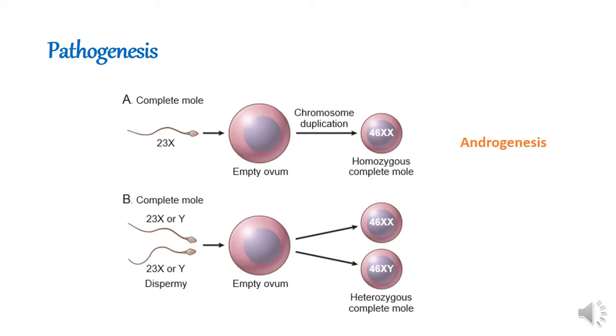Whereas if the empty ovum is fertilized by two separate sperms, it leads to formation of heterozygous complete mole, again diploid in nature. The process of fertilization of an empty ovum by sperm having genetic material purely of paternal origin is called androgenesis.